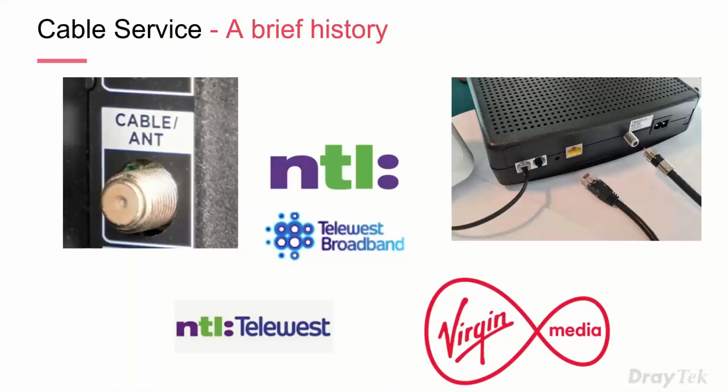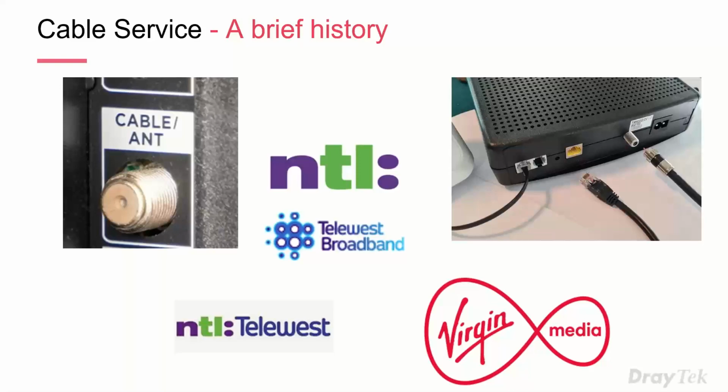The other thing to look at now is cable service. So just a brief history. The cable operator that we have in the UK now is Virgin Media, but there were a few different operators over history, and it's worth looking at where it came from. Originally cable was to do with cable TV, and that's where the roots were.